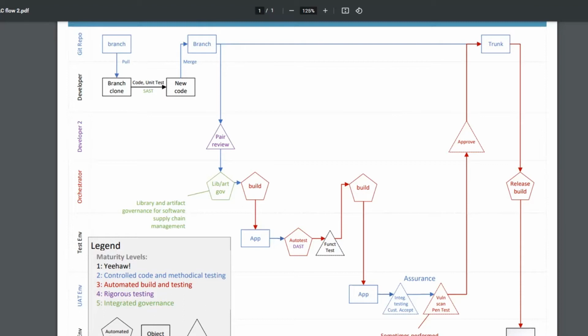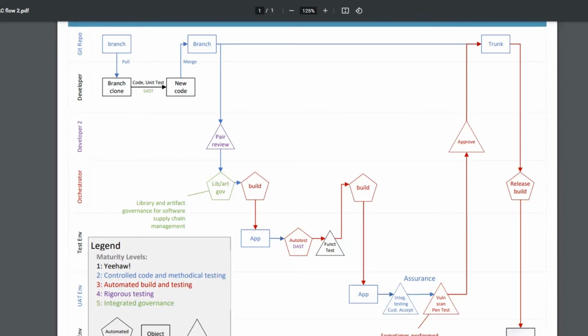Sometimes they even perform tests on prod. You just push it, you do your testing, and everything's kind of ad hoc. And as you grow, it becomes worth it to build out more standardization or automation.